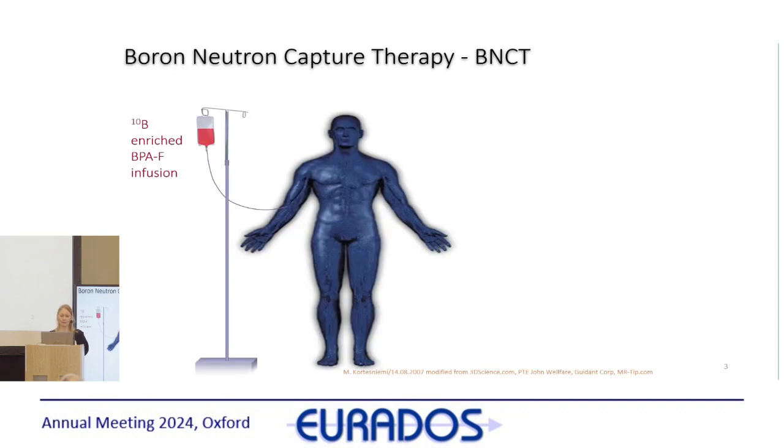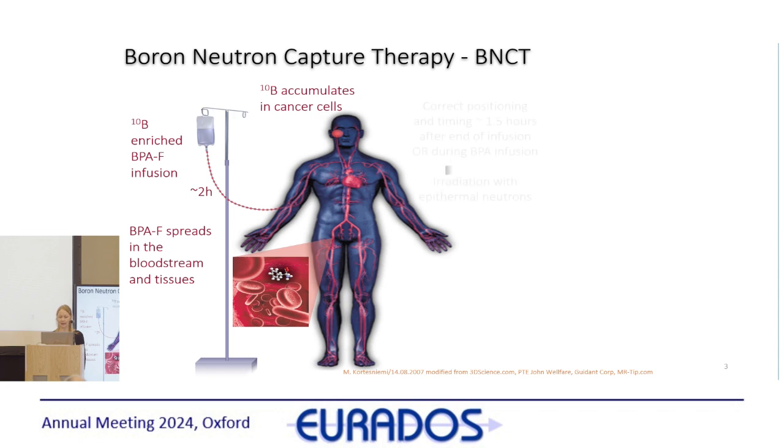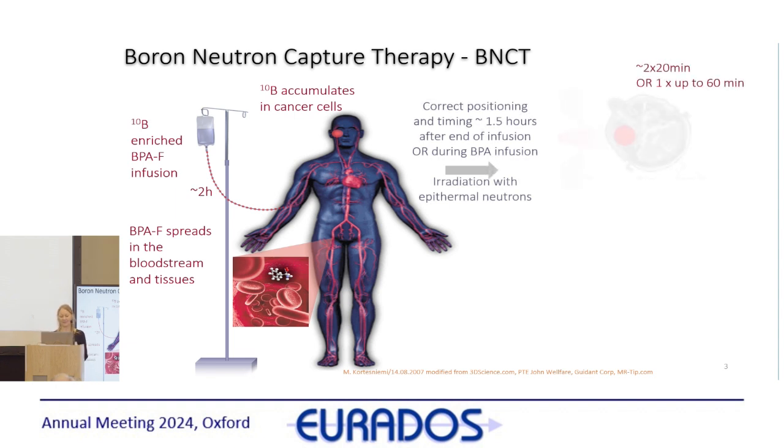Boron neutron capture therapy, BNCT, works so that first the patient receives boron-10 enriched boron carrier infusion. It takes typically 2 hours to infuse the patient. The boron first spreads everywhere in the body, then accumulates in the cancer cells.